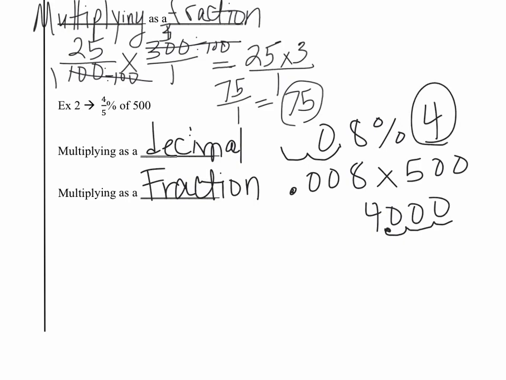When we do that with a fraction, we do it like we did complex fractions back in Chapter 2. We take the 4/5 percent and put 4/5 over 100. And then we have to multiply that by 500.